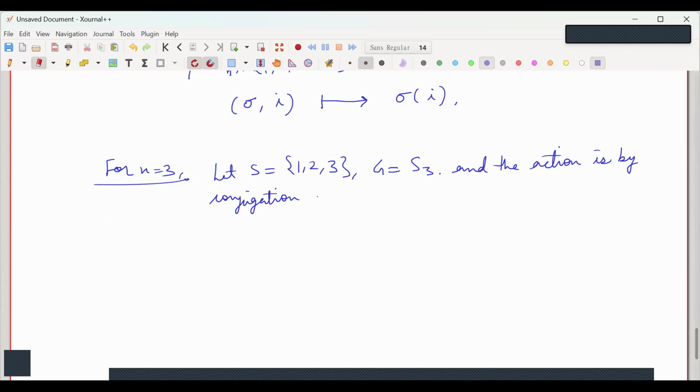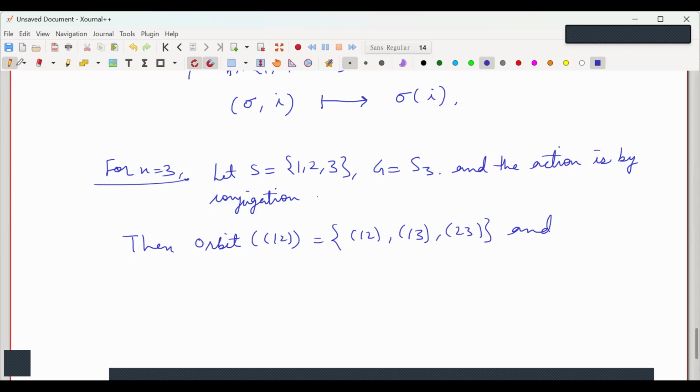Then what will be the orbit of (1 2)? The orbit of the element (1 2) is all 2-cycles, right?